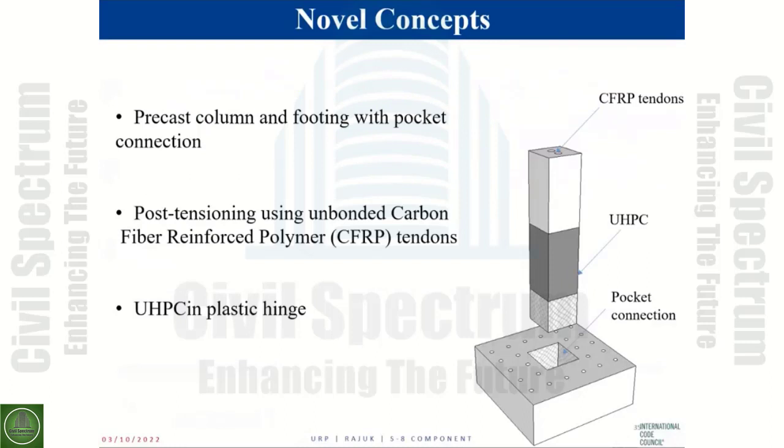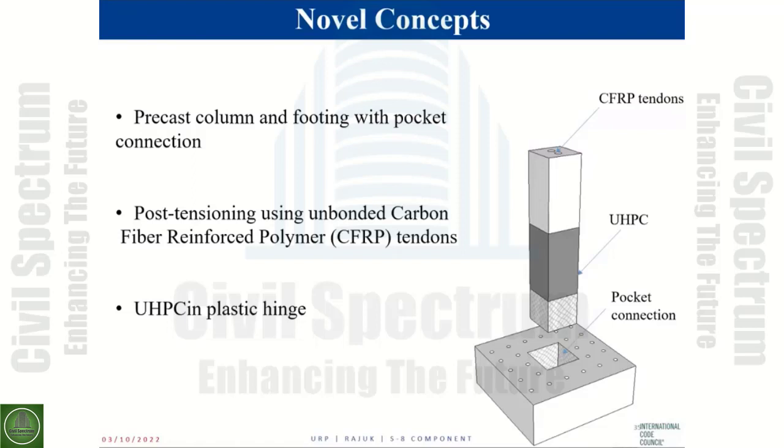If you look at the column, there's a precast column and the cantilever column that we tested. In the plastic hinge region, we use UHPC. Also, we use pocket connection. So you see we left an opening into the footing, and then also we post-tension this column using CFRP tendons.